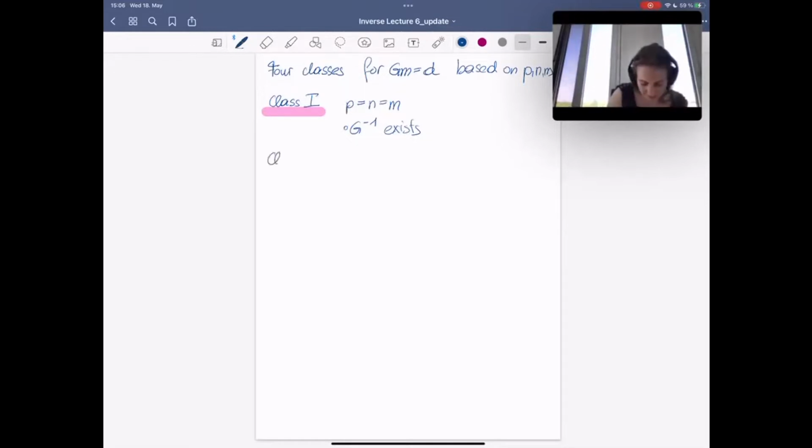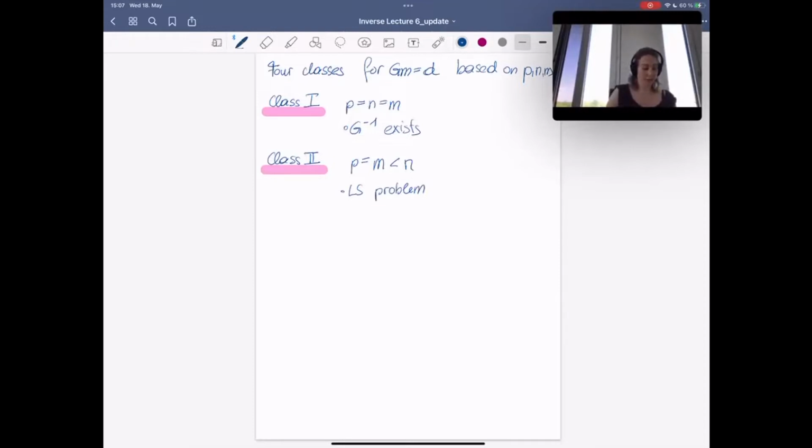The second class we have is when the number of non-zero eigenvalues equals m lower than n. And this is exactly our least squares problem. So we have an overdetermined system of equations.